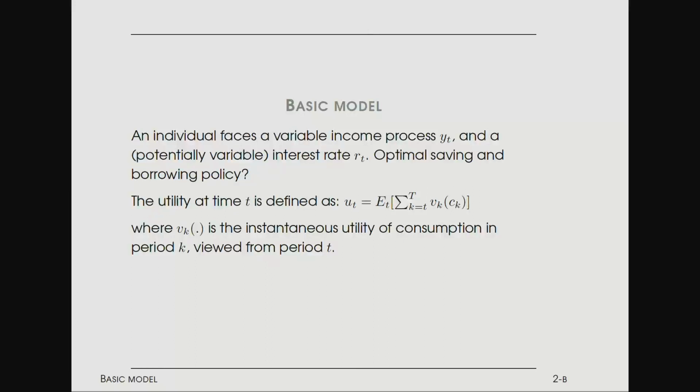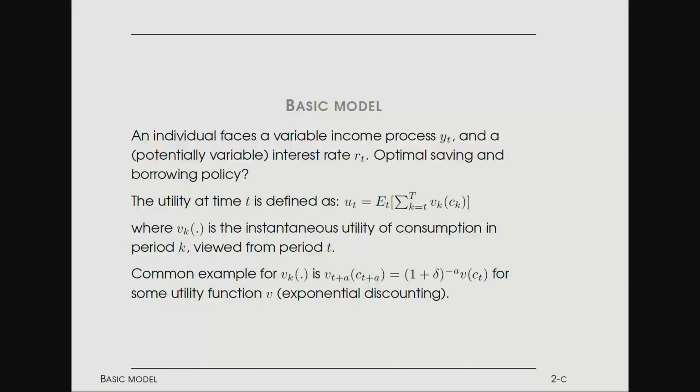So we start with the utility at time t, defined as the expected value over your lifetime of all the instantaneous utility of consumption in all periods as viewed from period t. We can be very generous, but of course very quickly we simplify or parameterize it in some way, otherwise it's difficult to say anything.